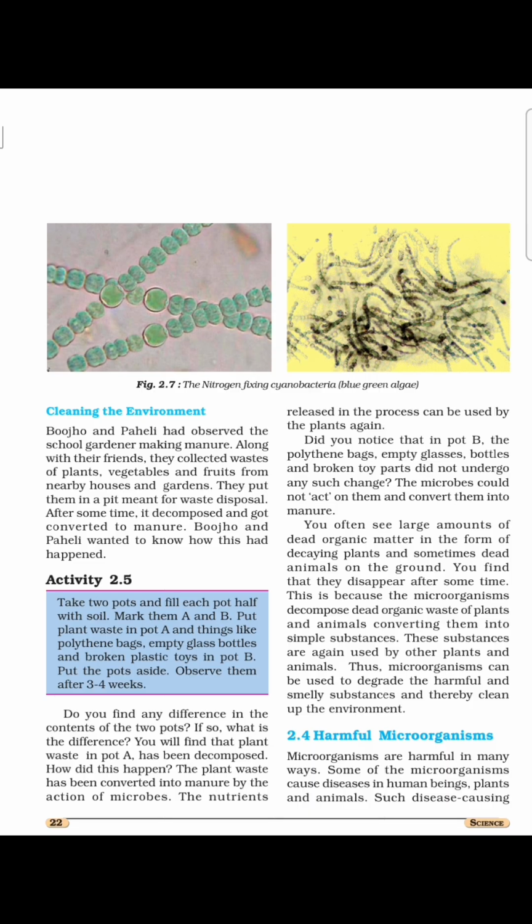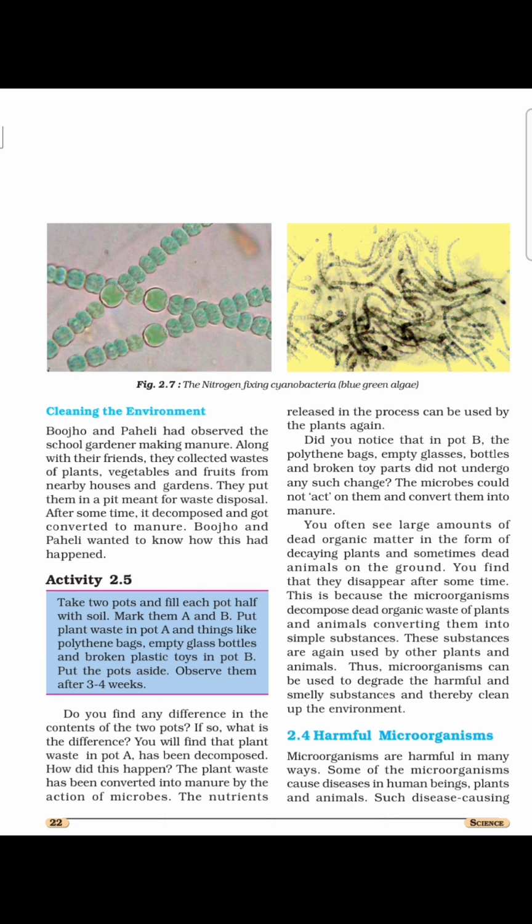These simpler substances are then utilized by other plants and animals, completing a natural cycle. This process also helps to degrade harmful and foul smelling substances, thereby contributing to the cleanliness of the environment.